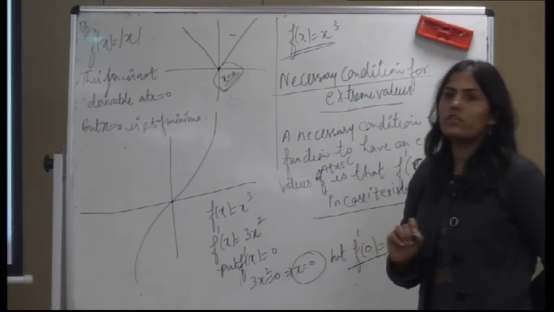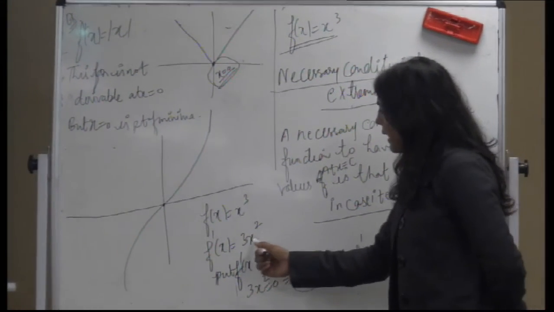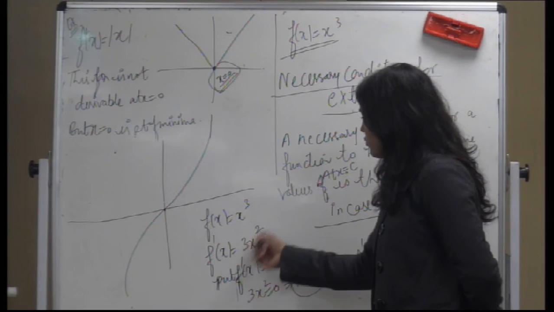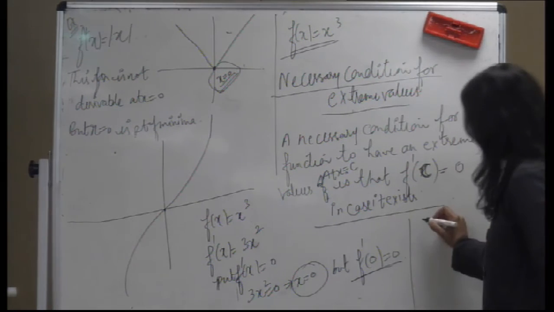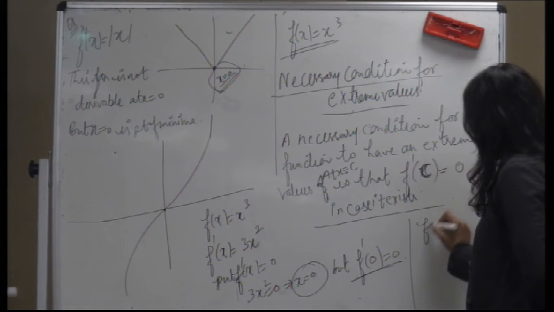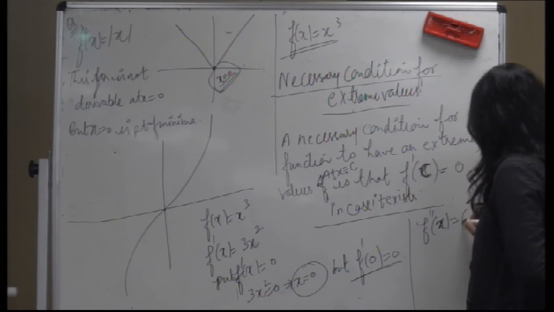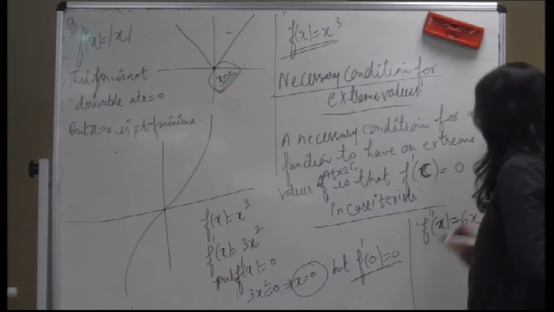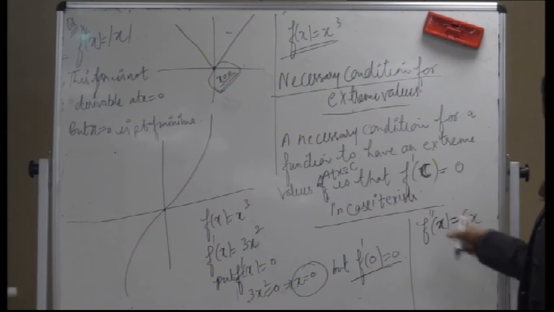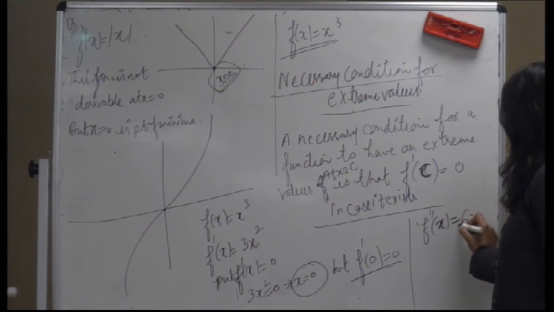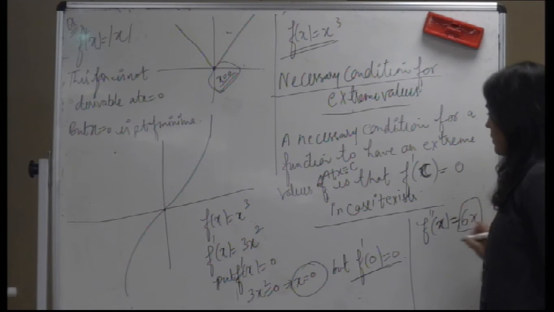If you apply any method now, the second derivative will become 6x.